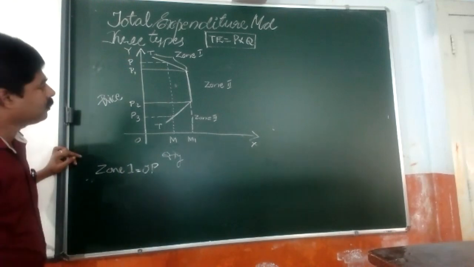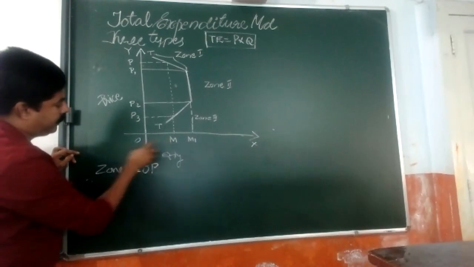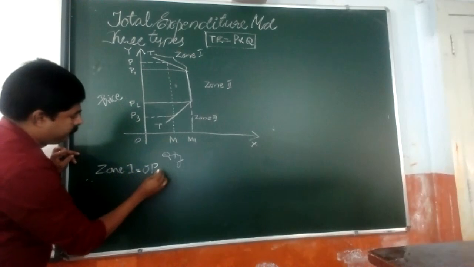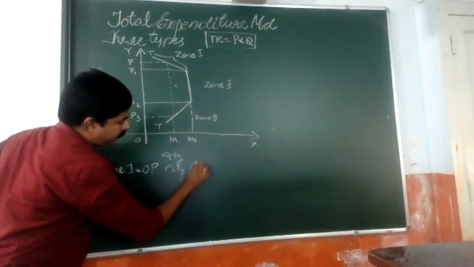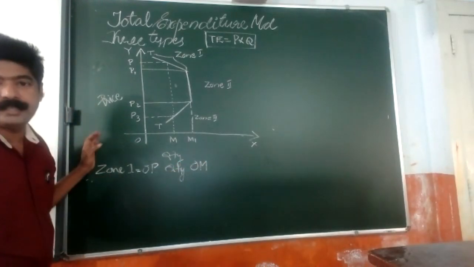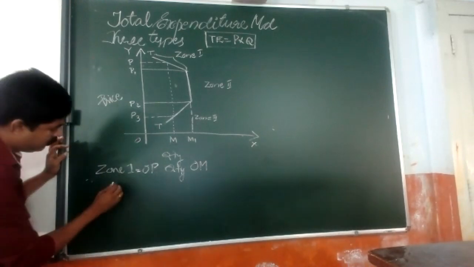So what is the quantity at that time? M. That means we write the quantity as OM. Clear? Now see the fall in price, from where to where?